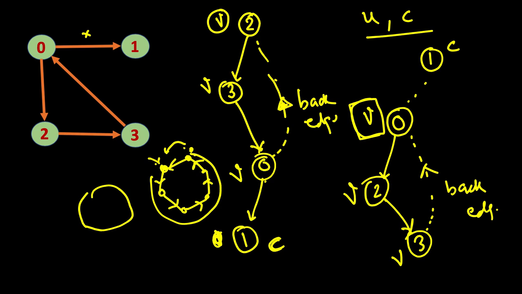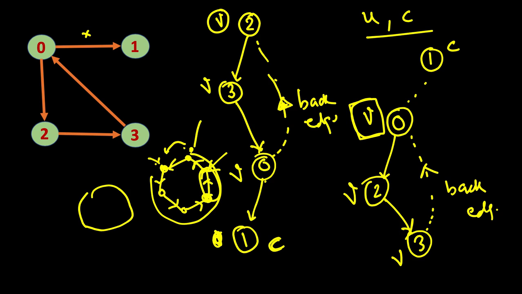So this will be a back edge. If you start DFS from, let's say, here, then you will move in this direction, and when you reach here, this edge will become the back edge. So any of the edges of this cycle can become a back edge depending on from where you start the DFS. But no matter from where you start, you will discover the back edge. There is a back edge if there is a cycle. So this we have to find.